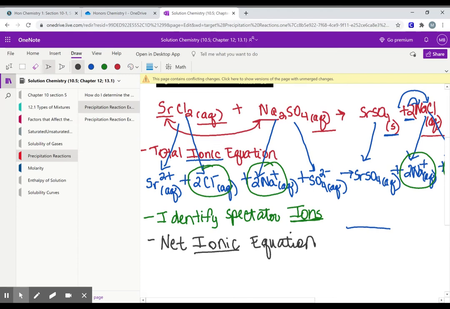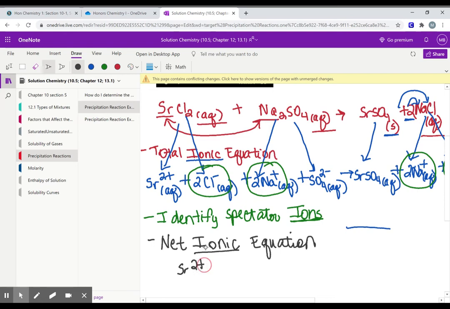So here's the easiest way to do that. You're going to look at your total ionic equation and all of the species in that equation that are not circled, that are not the spectator ions, so they weren't a spectator to the formation of the precipitate, are going to become your net ionic equation.